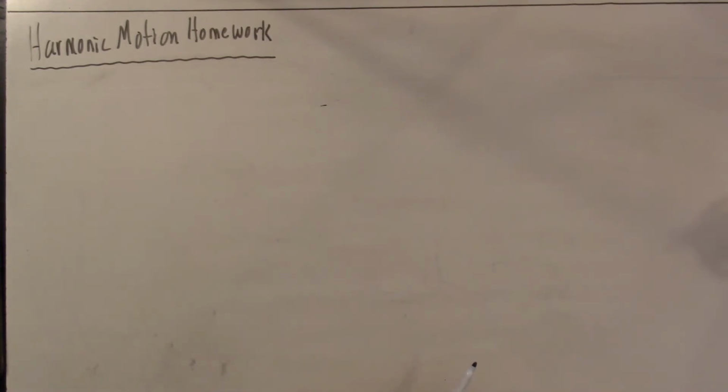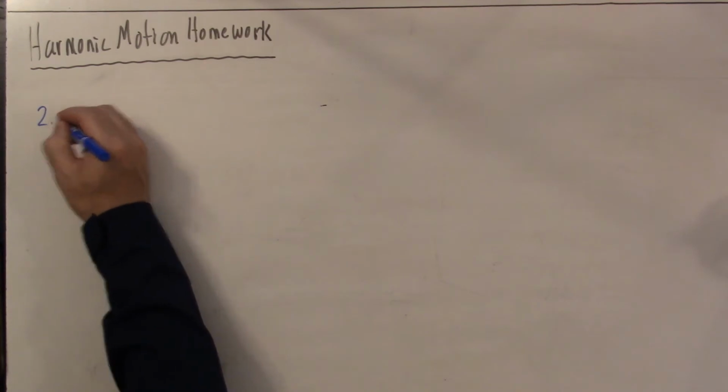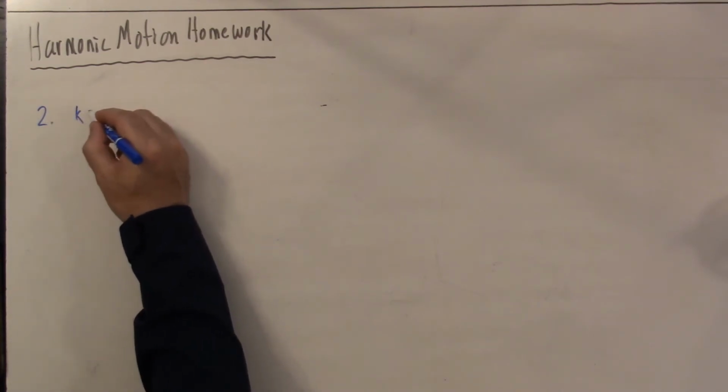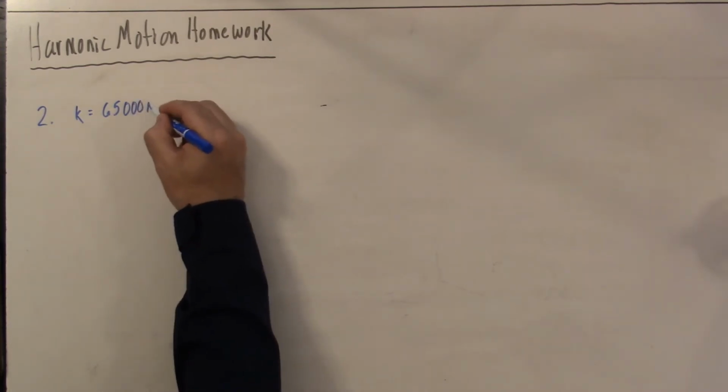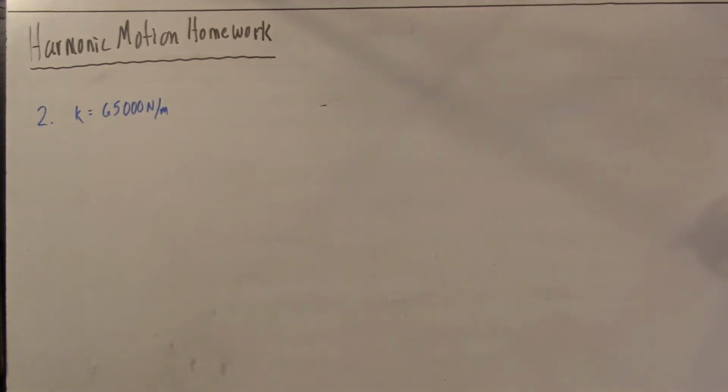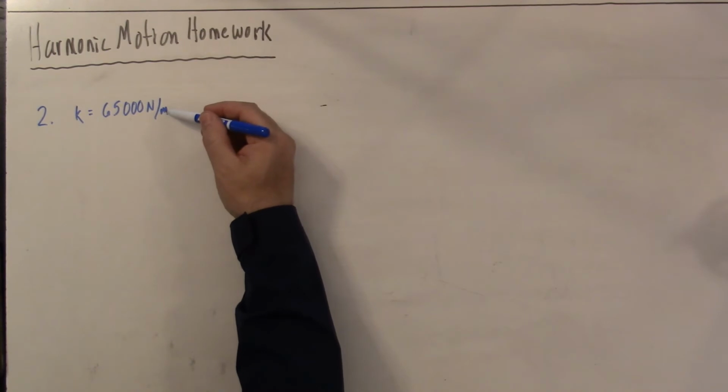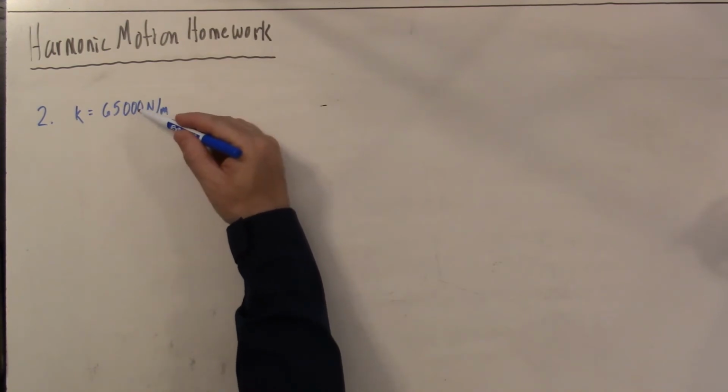For this problem we will assume that the 4 springs act as a single spring with a spring constant of 65,000 newtons per meter. Alright, so this is number 2. This means that if you want to compress that spring a full meter, it would take 65,000 newtons. That is crazy.